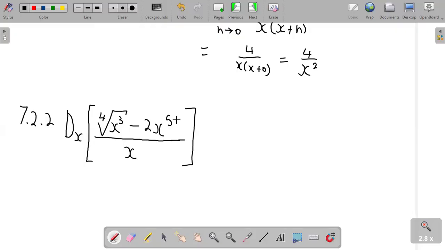So what we must do here is that we must simplify first.